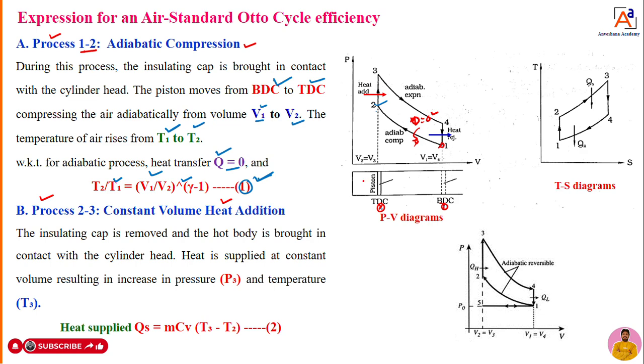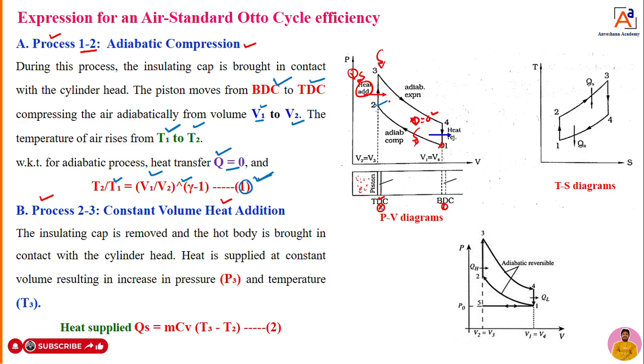Once the air fuel mixture is compressed and the piston is at TDC, at that moment, with the help of the spark plug, with the help of ignition, we are going to supply a certain amount of heat. The amount of heat supplied is represented by Qs. You are supplying heat to the engine from point 2 to 3, where volume remains constant. That is very important in the Otto cycle.